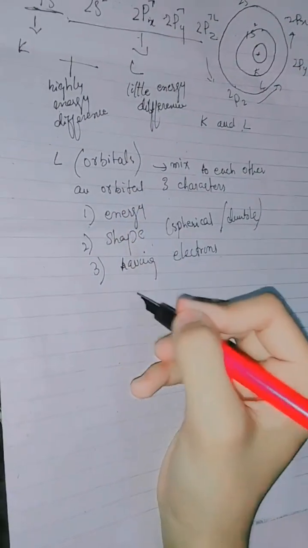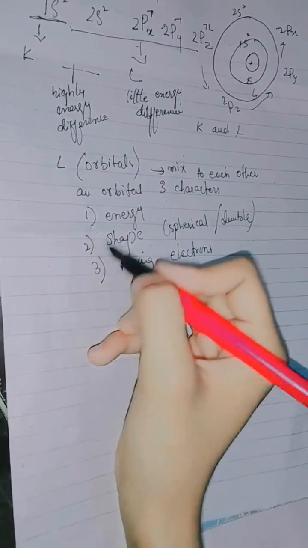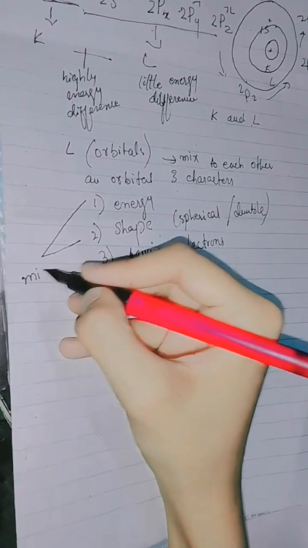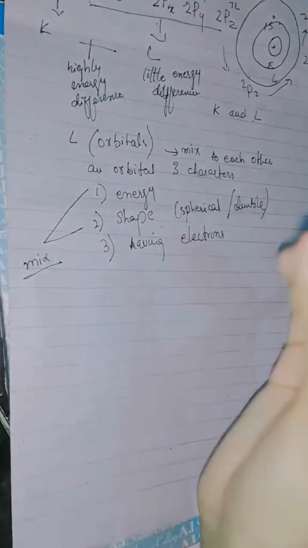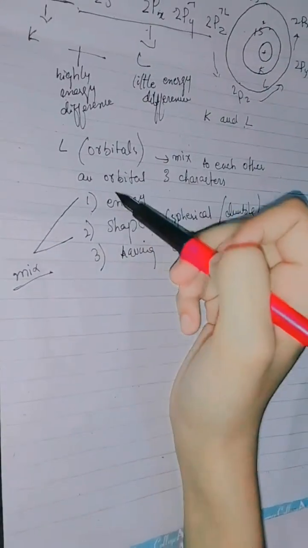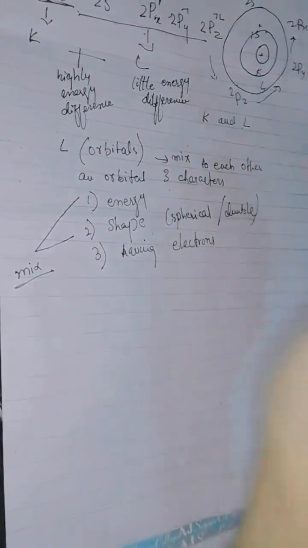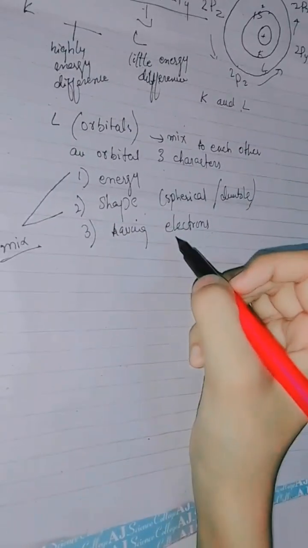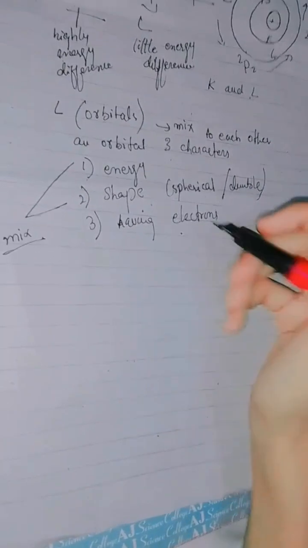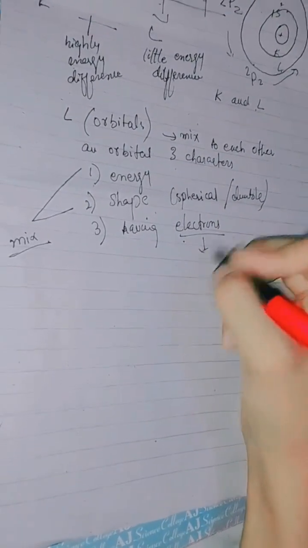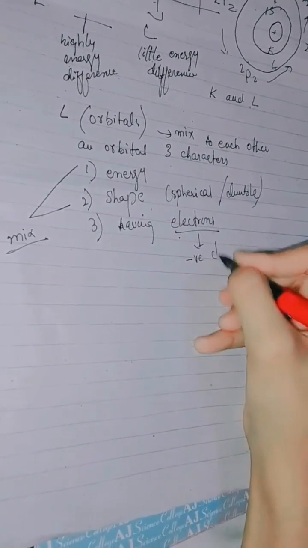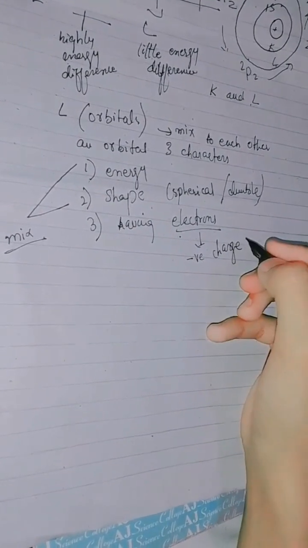So what will mix here? The energy and shape will mix with each other, but the electron will not mix with them. Why? Because electrons have a negative charge.